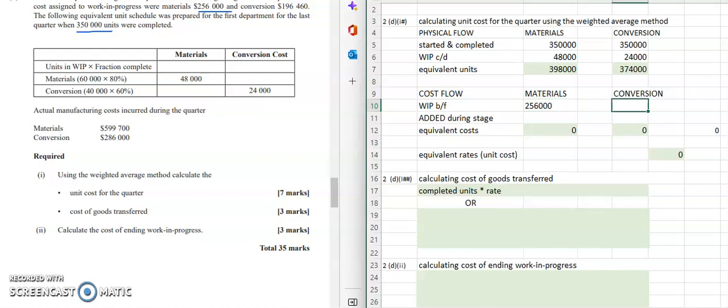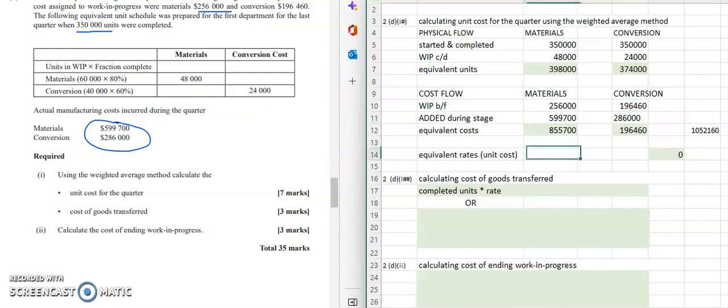And the conversion cost was 196,460. And during that period, we added these additional costs, right? So 599,700 for the materials, and 286,000 for the conversion.